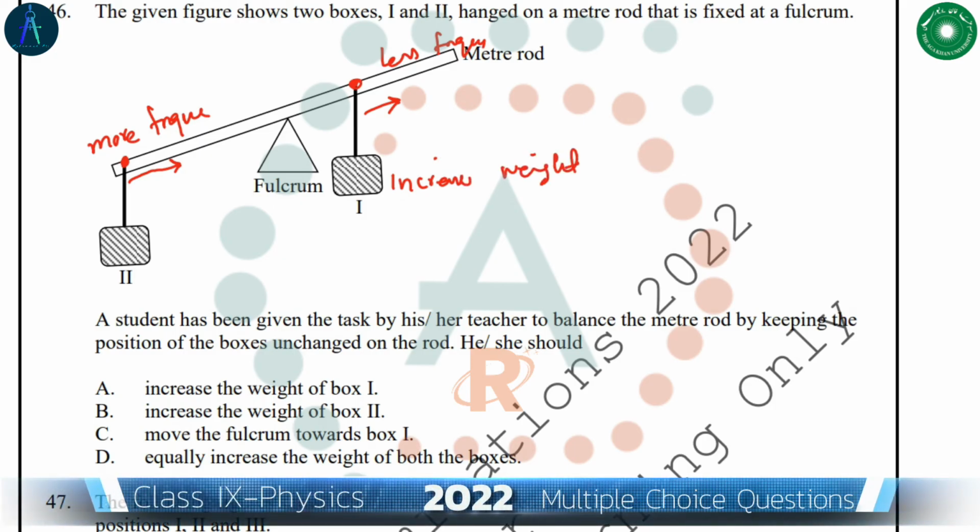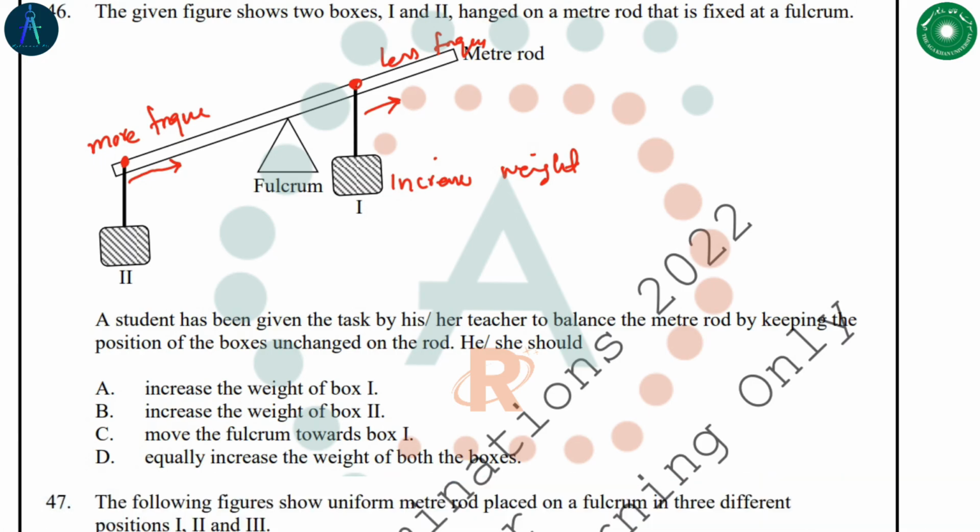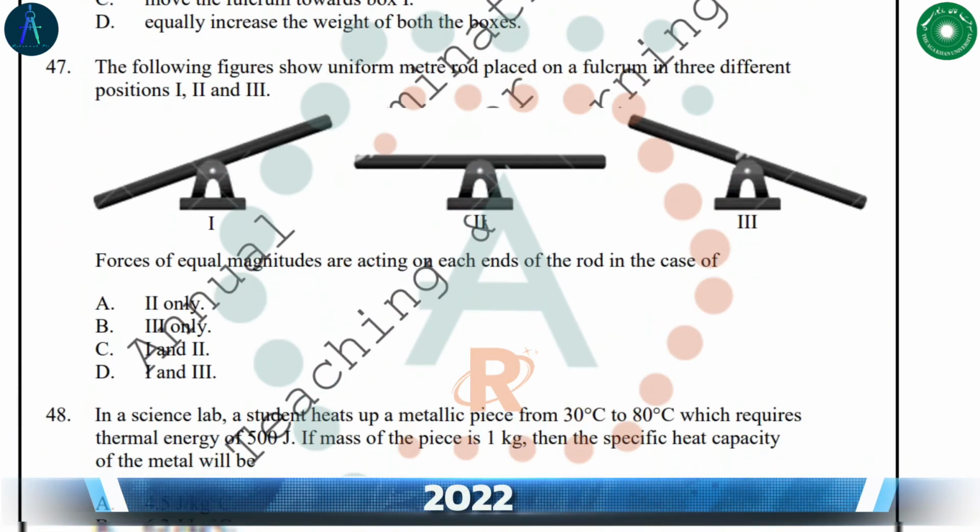So if we increase the weight of object 1, that will increase the torque on the right side, and the rod would be able to balance on the fulcrum. Option A is the right answer.